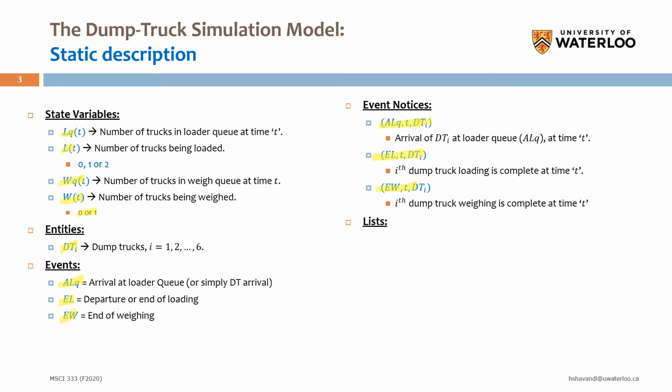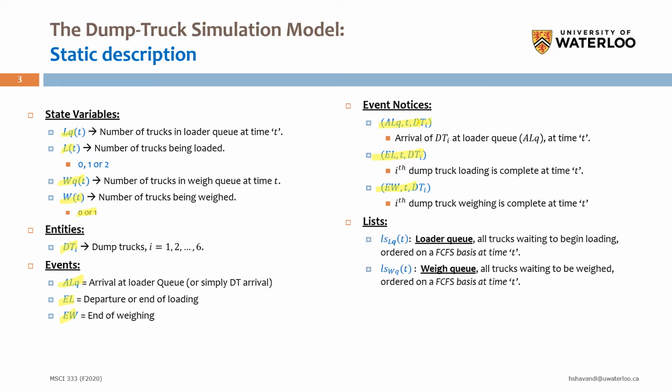For the lists, we have 2 lists, one for the loader queue and one for the weigh queue. And for activities, we have loading time, weighing time, and also travel time. So we have 3 activities here, one for loading, one for weighing, and one for travel time.